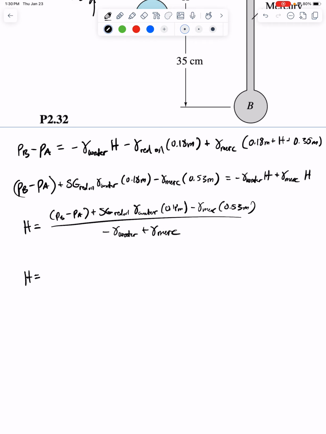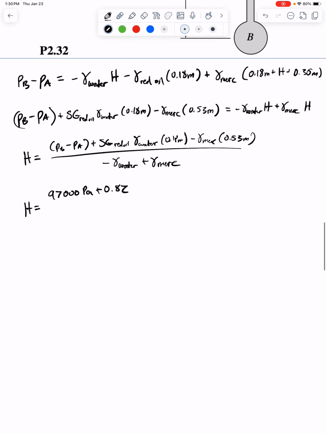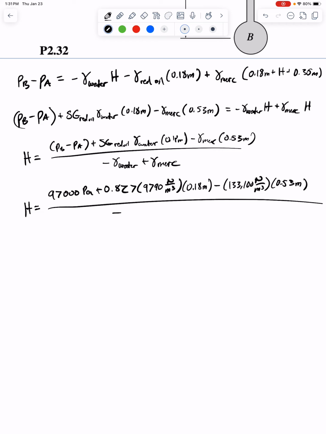So that pressure difference, I think it was 97 pascals, 1,000 pascals, sorry, plus 0.827 times 9,790 newtons per cubic meter times 18 centimeters minus 133,100 newtons per cubic meter times 0.53 meters, divided by negative 9,790 newtons per cubic meter plus 133,100 newtons per cubic meter.